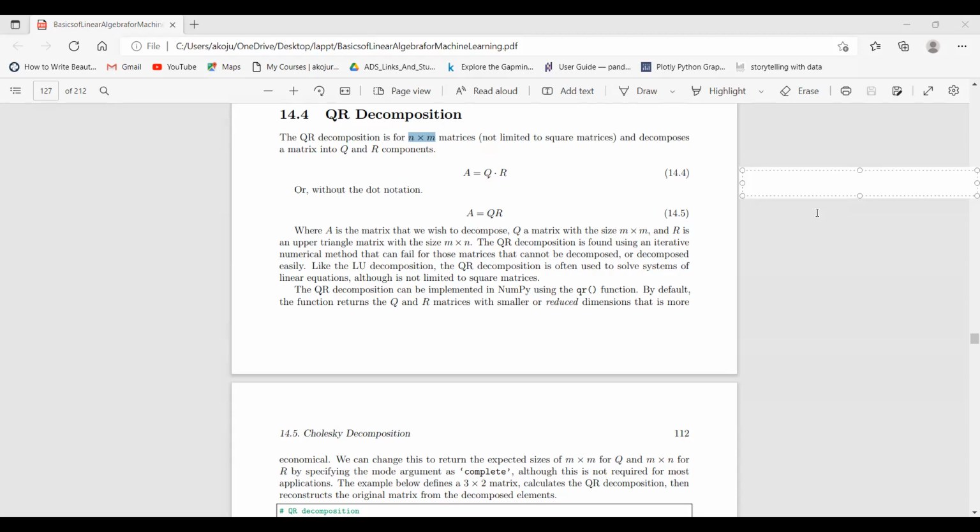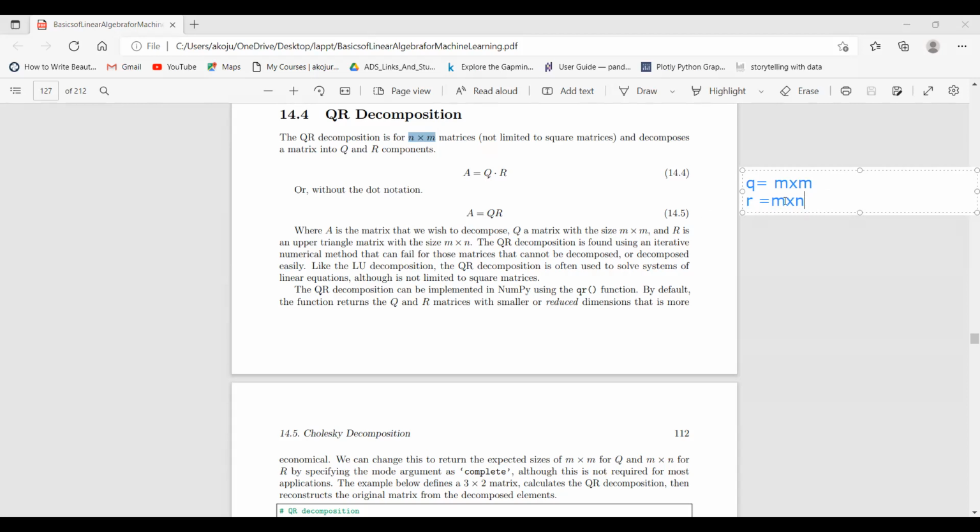So here, Q is of order m by m, and R is of order m by n. With the multiplication of these two, Q into R, we will get a matrix equal to n by m.